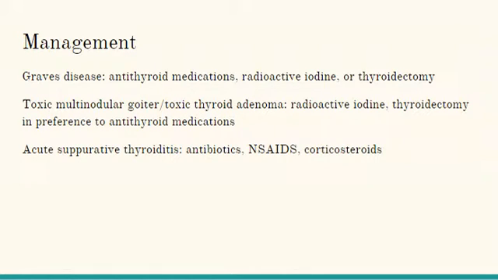For toxic multinodular goiter and toxic thyroid adenoma, you give similar management. You give them radioactive iodine and thyroidectomy in preference to anti-thyroid medication. And of note, for Graves' disease, you actually give them methimazole instead of propylthiouracil, which is used in thyroid storm.